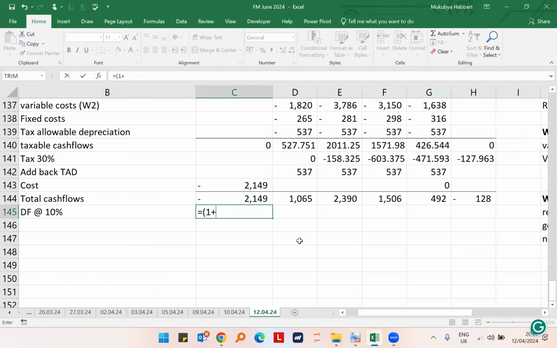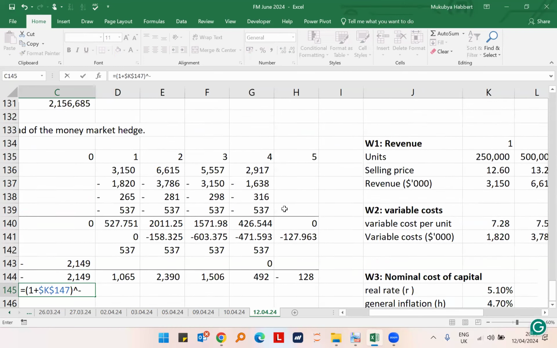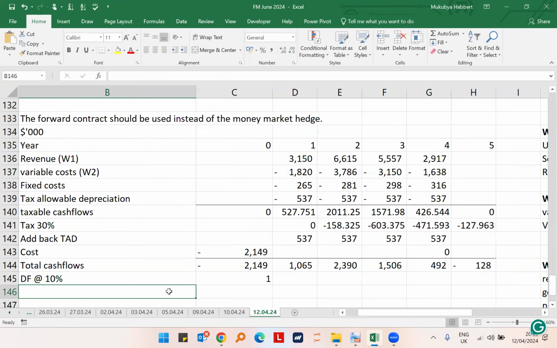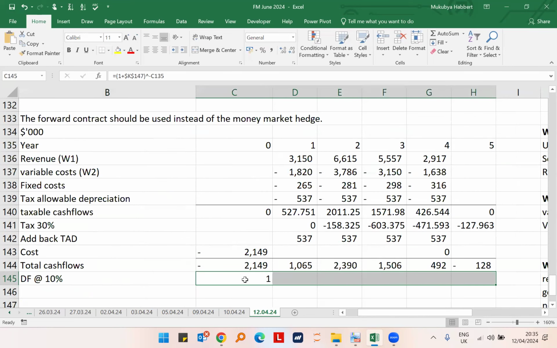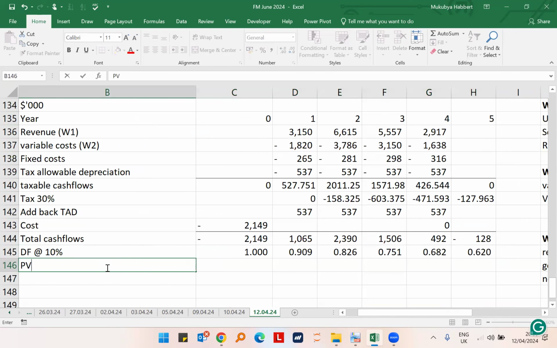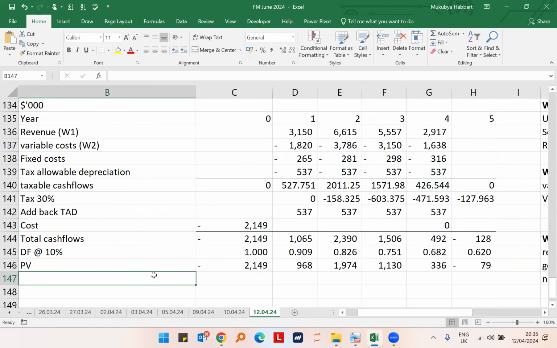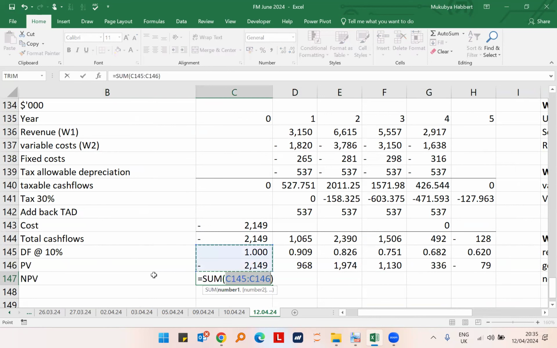So 1 plus the rate, and you can fix the rate here, power minus n. So that saves us from having to go and copy those figures and possibly copy them wrong. So those are discount factors. Then we can get present value by multiplying the cash flow by the discount factor. Then now we can get NPV, which is basically the sum of the present values.